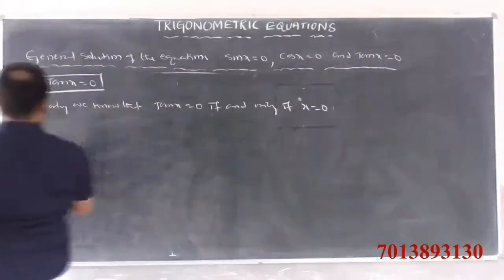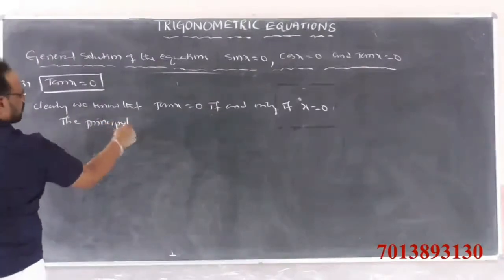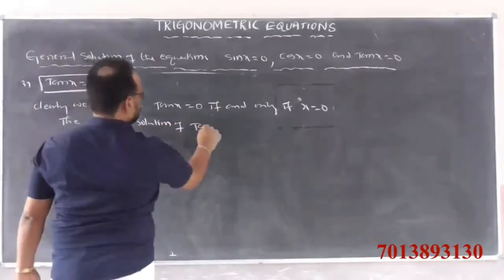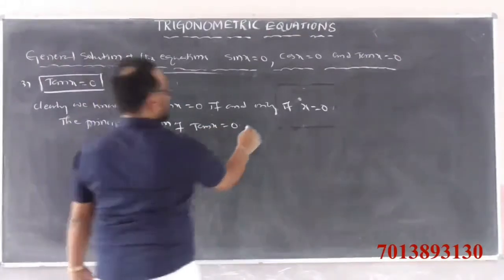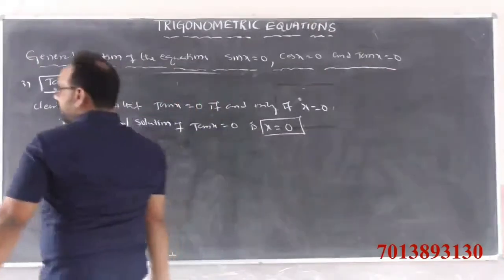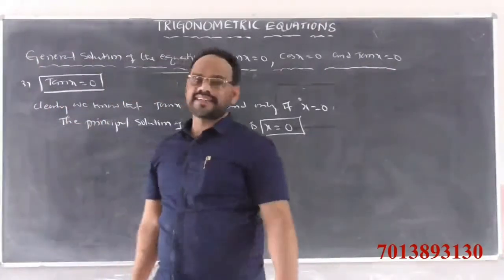Therefore the principal solution of tan x equals 0 is x is equal to 0.